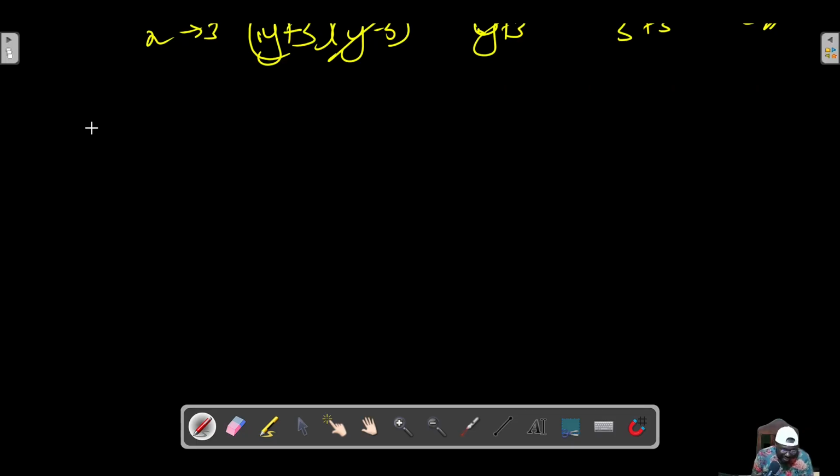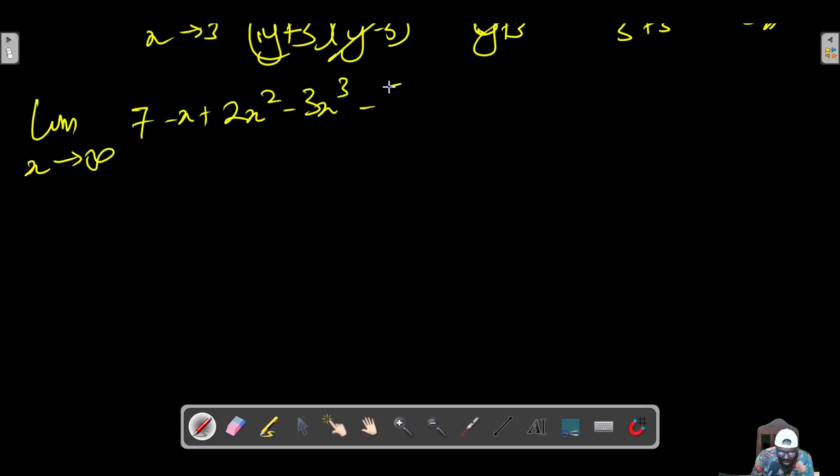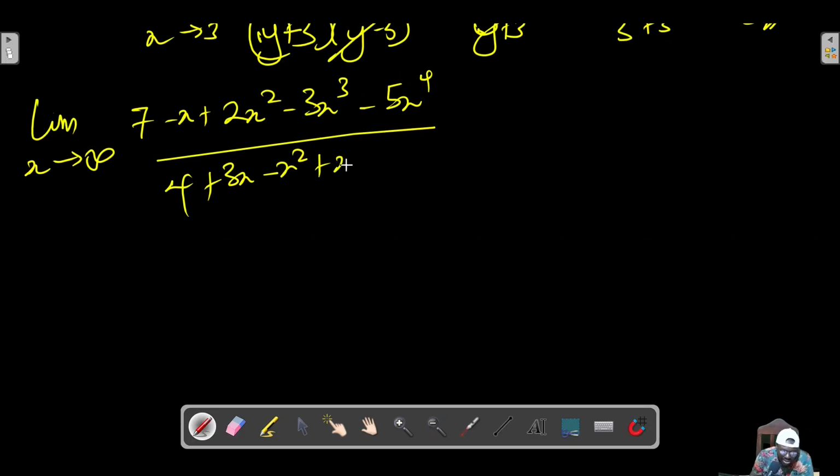Now let's try a different problem. Let me go to the simple ones. So the limit as x approaches infinity of 7 minus x plus 2x squared minus 3x cubed minus 5x to the power 4 divided by 4 plus 3x minus x squared plus x cubed plus 2x to the power 4.